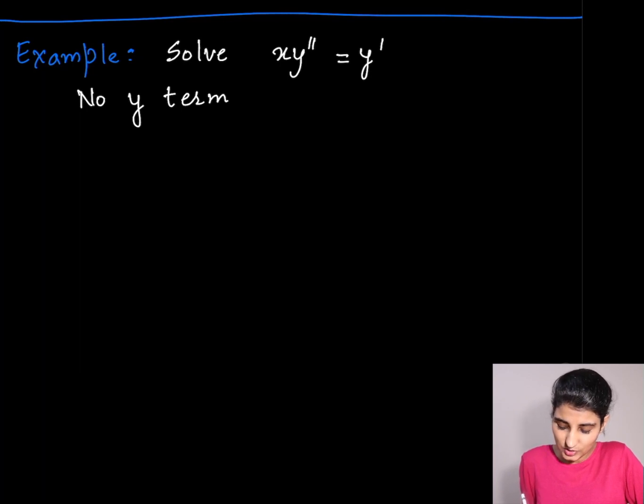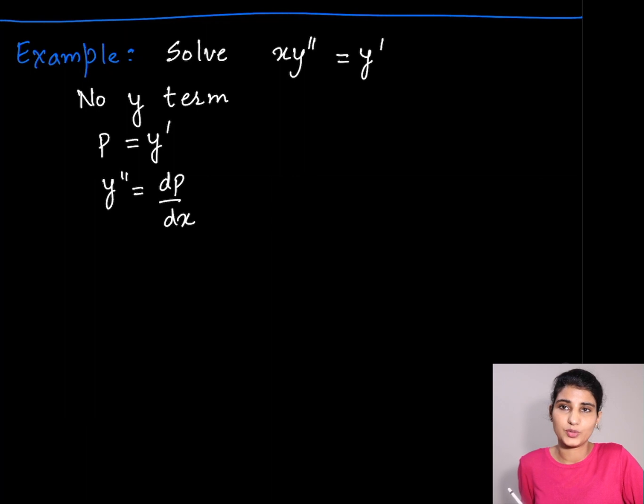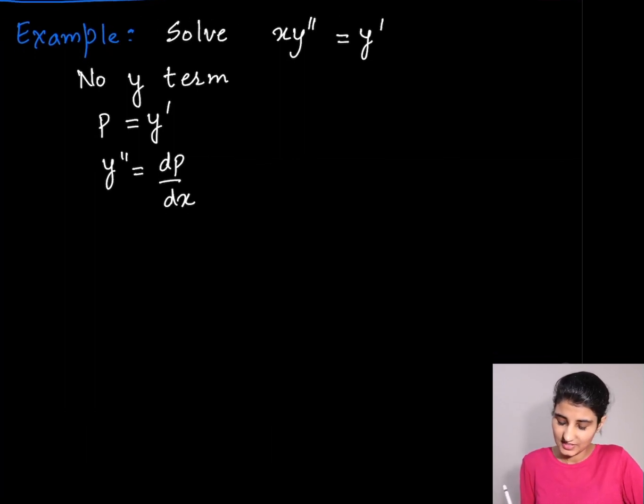So we will substitute p equal to y prime. So what is our y double prime then? The derivative of p, right? Let's replace this information in our equation. So x times y double prime equal to y prime, which is p.